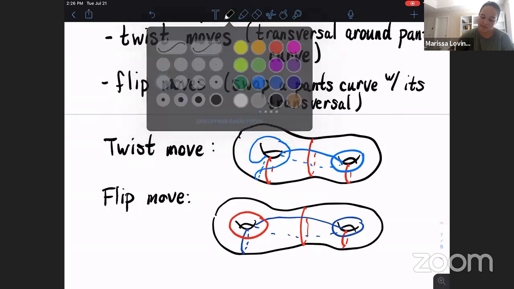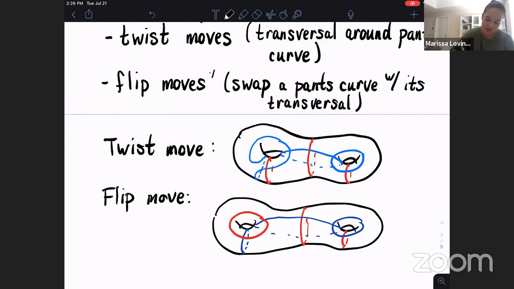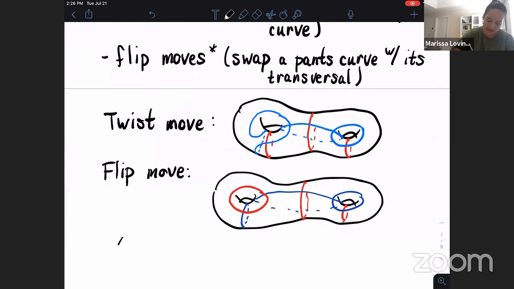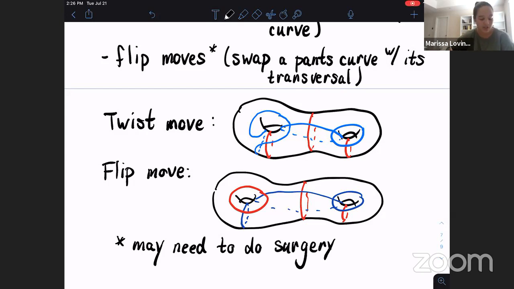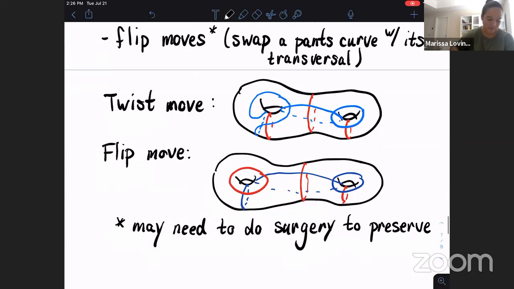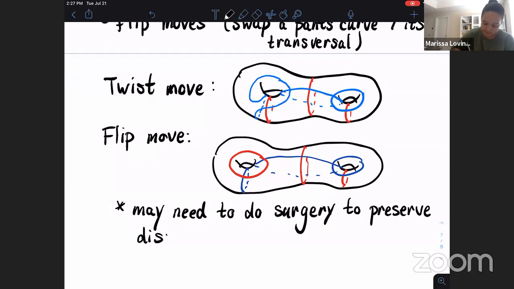This flip move is a bit more complicated, because you may have to do some surgery to preserve the correct disjointness and intersection relations that you're supposed to have. So this is not the final picture for the flip move. There needs to be some surgery happening there, but I'm not going to get into that because it just gets much more complicated.